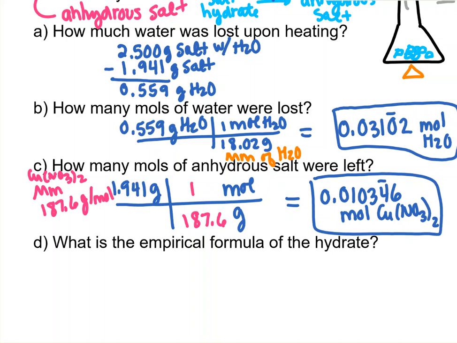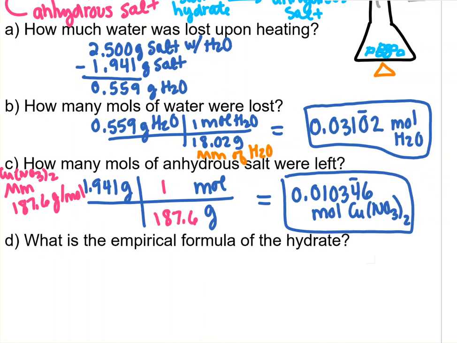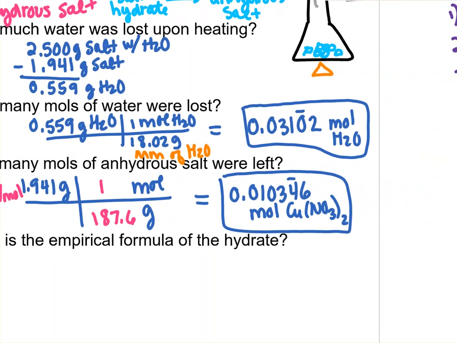Now we have a mole to mole ratio between the salt and the water. And so we're using these two numbers, but we need to get a whole number. So to do that, what you do is you divide by the smaller of the two. Divide them both by the smaller of the two.